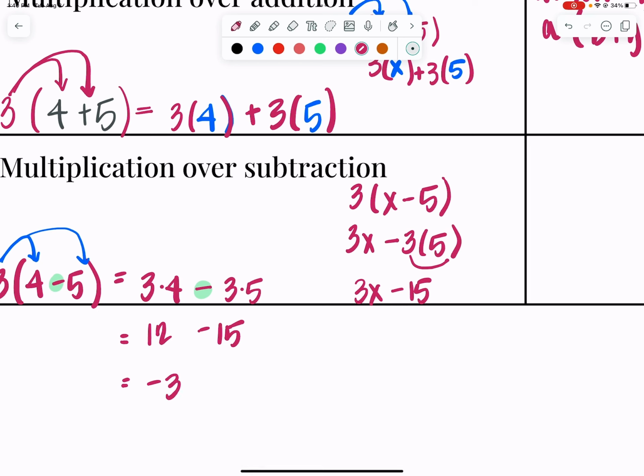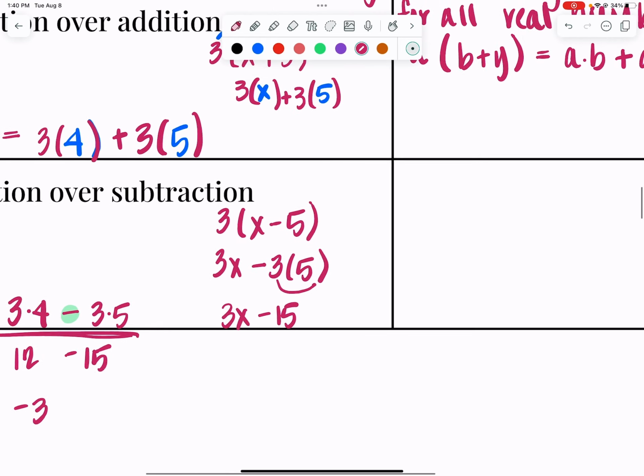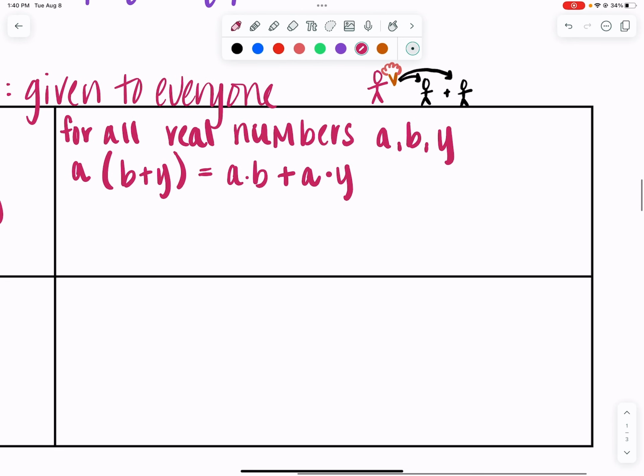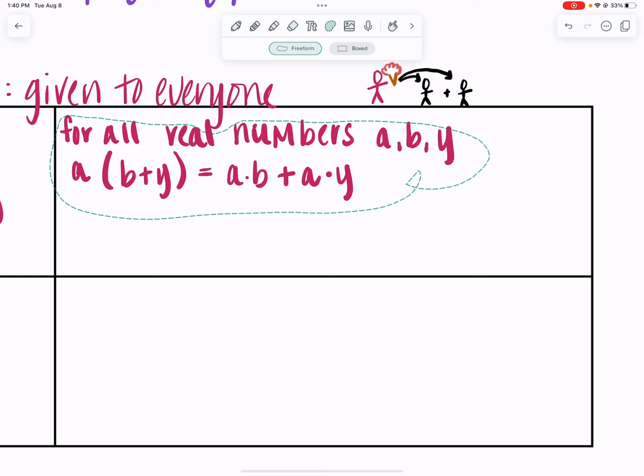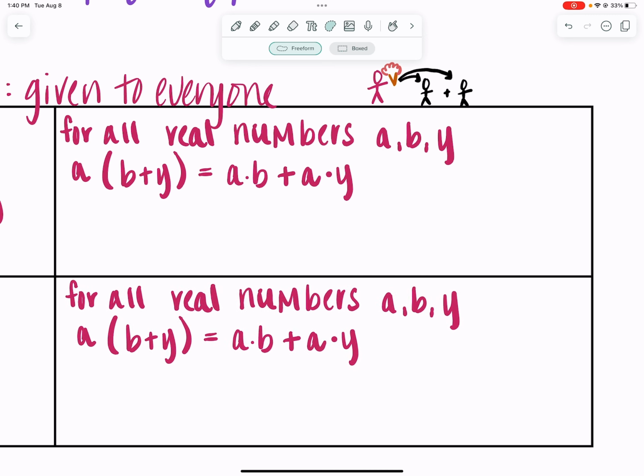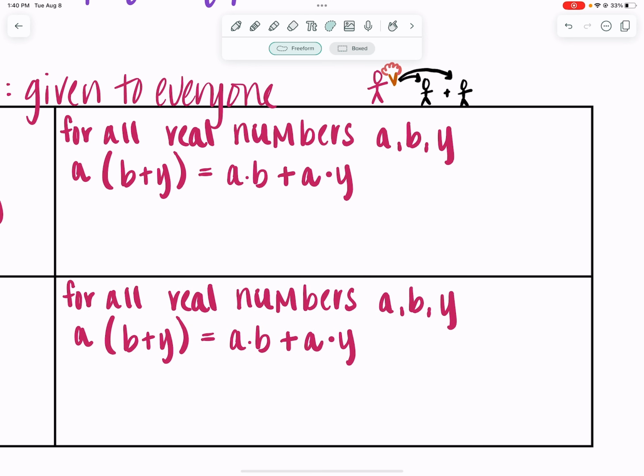But just to demonstrate the property, that's where we would end up. I'm going to cheat a little bit here. We'll say for all real numbers, A, B, and Y, and we're going to change that addition to subtraction.